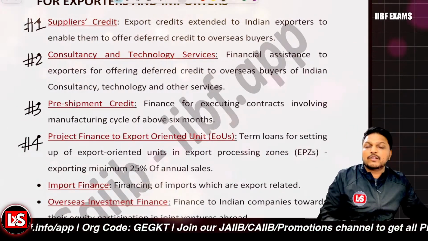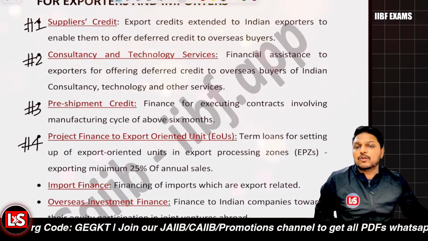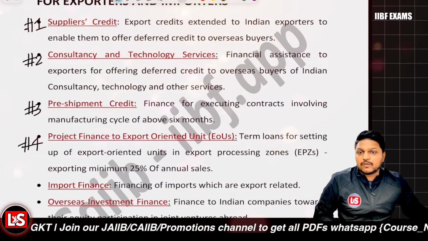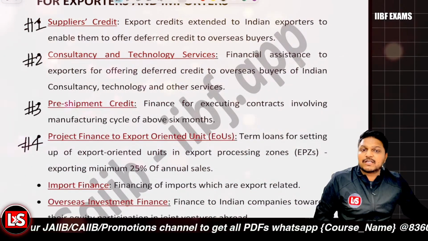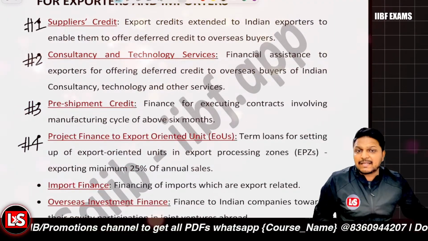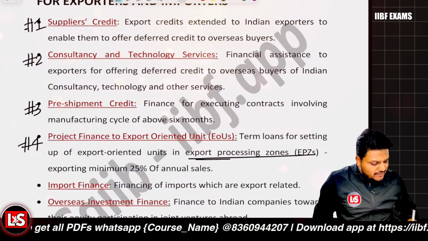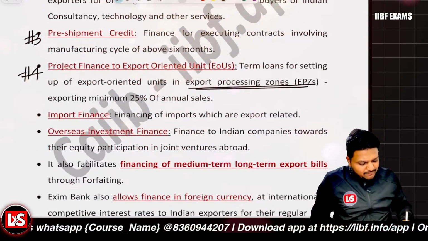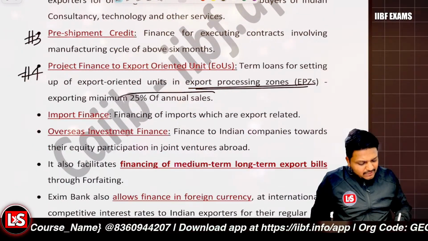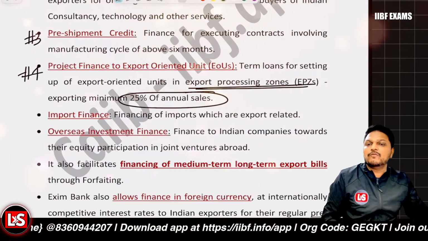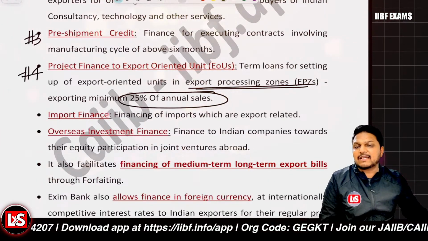Term loans will be provided for long-term purposes where the export oriented units are there, which are the EPZs, like the export processing zones. In those particular zones, whatever the annual sale is there, 25% of their annual sales, a minimum loan will be provided, right? That's a project finance that can be provided.